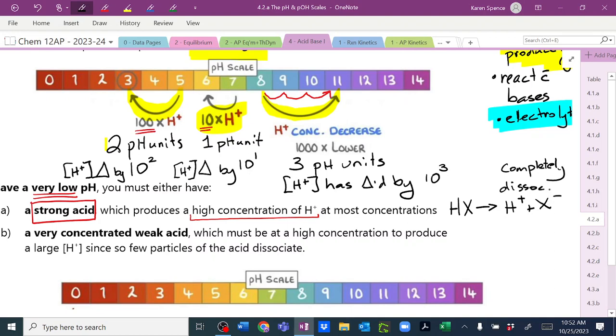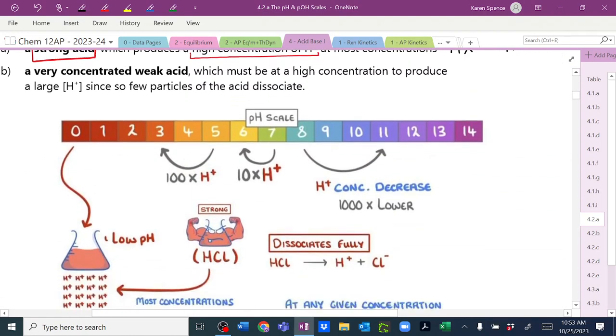You can see how it's really hard to get a high concentration if a very small amount is actually splitting apart. So you would have to have a fairly strong-ish weak acid. There are stronger weak acids and weaker weak acids. You would need a fairly strong weak acid at a fairly high concentration to get anywhere resembling the low pH you would get with a strong acid. Okay. All right.